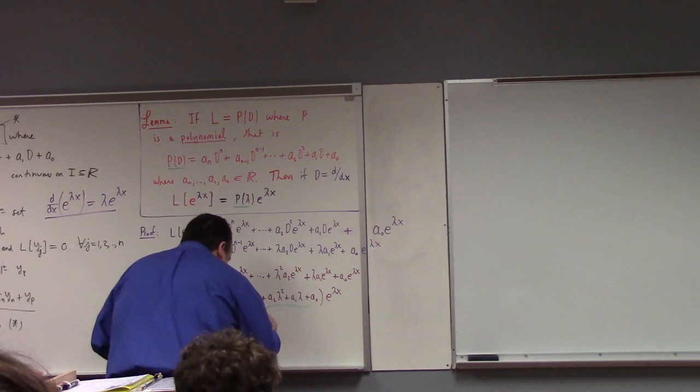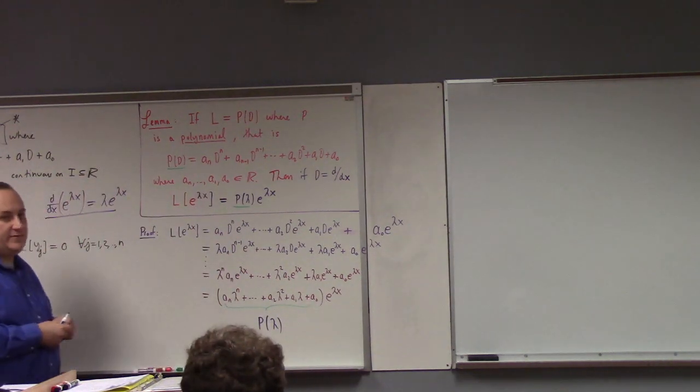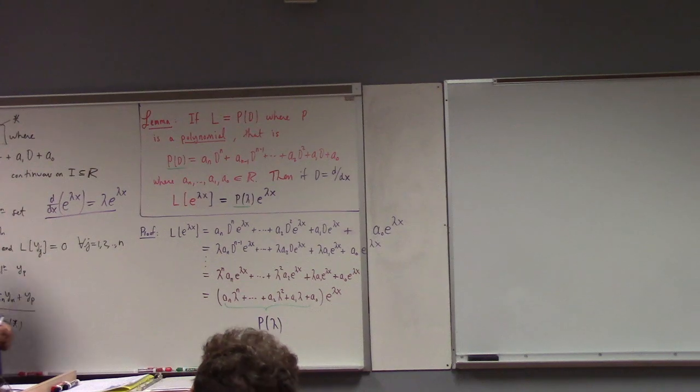But anyway, this is P of lambda. That is literally P of lambda right there. So what good does this do us? Let's check it out.